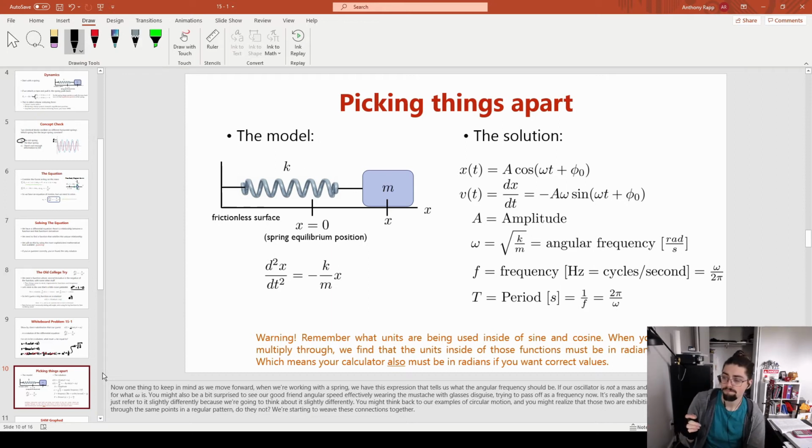Perfect. So now, omega is going to change its name ever so slightly. Notice that the units are exactly the same, but it puts on a little hat and glasses with a mustache attached to it, tries to disguise itself, and calls itself angular frequency now instead of angular speed, but at the end of the day, it really is the same variable. Still omega.